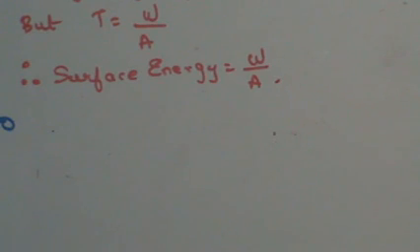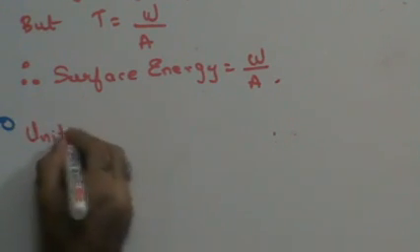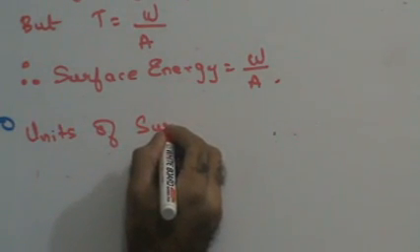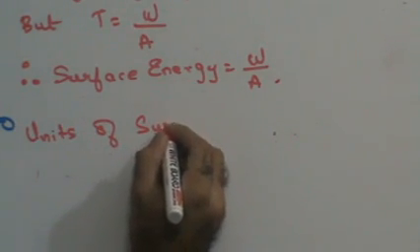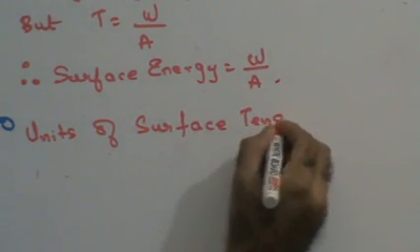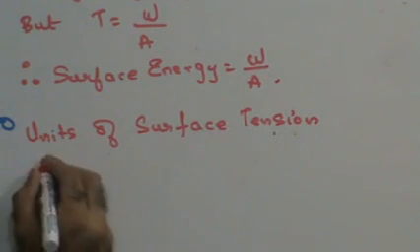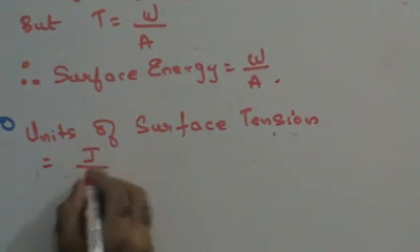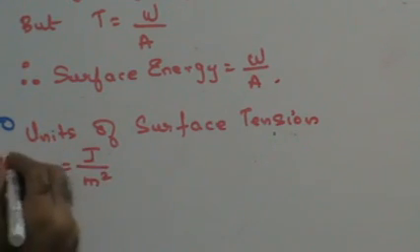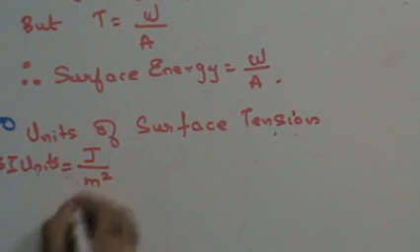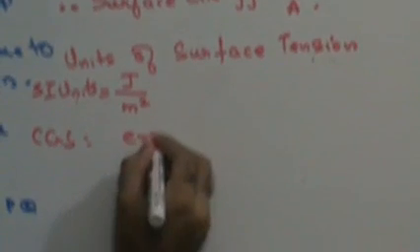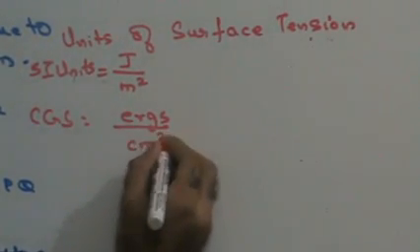Now, in that case, the units of surface energy and surface tension should be the same. So, units of surface tension will be equal to joules upon meter square, that will be the SI units, or the CGS units will be equal to ergs per centimeter square.